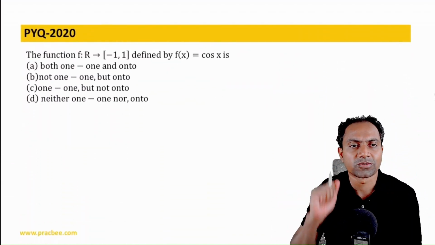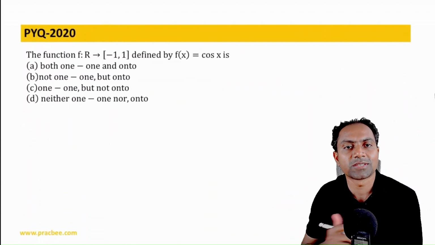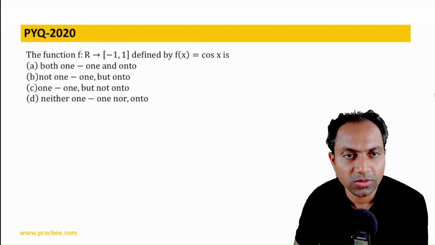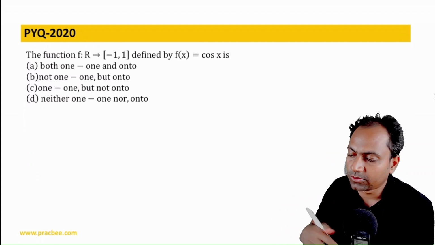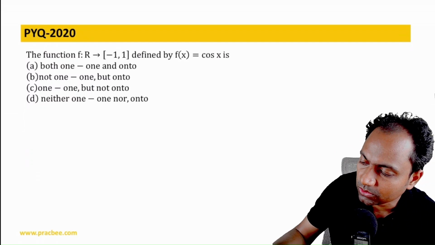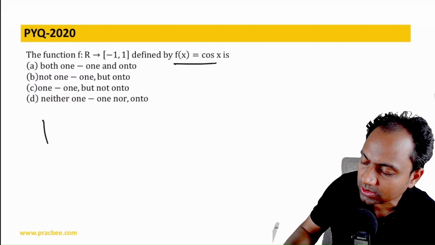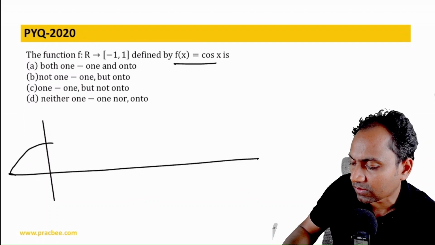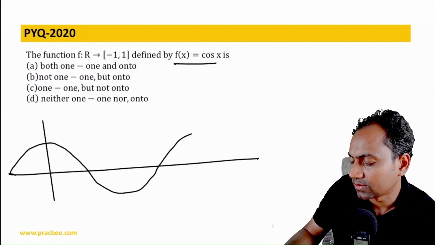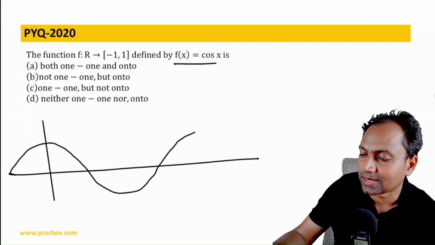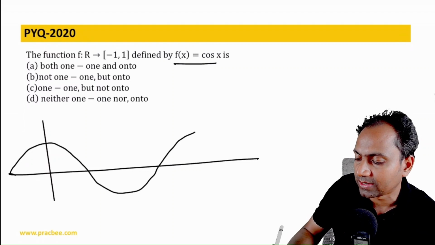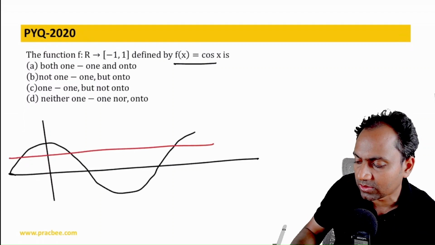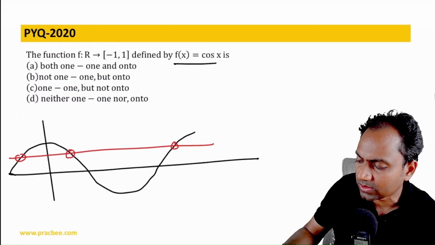Now let us move on to this 2020 question. It is an objective question. The question says the function is given, f(x) is equal to cos x, whether it is 1-1, onto or not. In order to do cos x, it would make more sense to draw the graph. The cos x graph goes like this. If I apply my horizontal line test and draw a horizontal line, it is cutting at many points, not just one point.